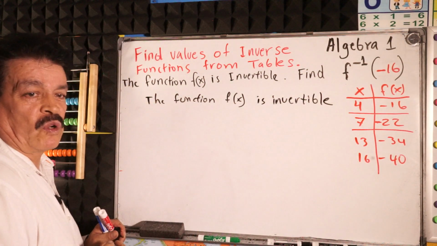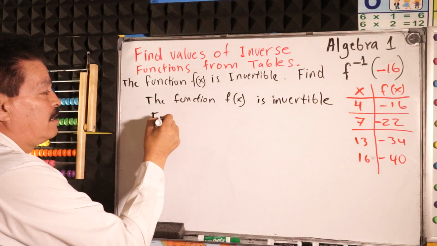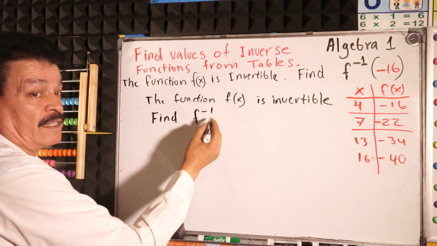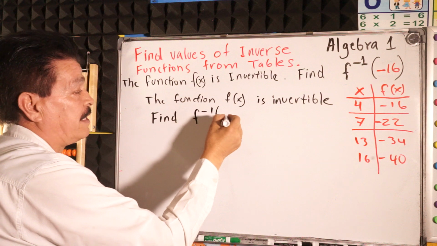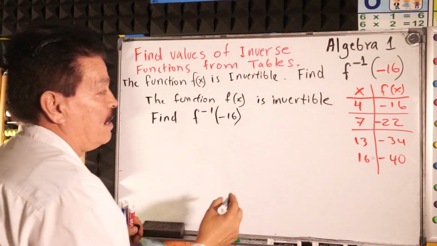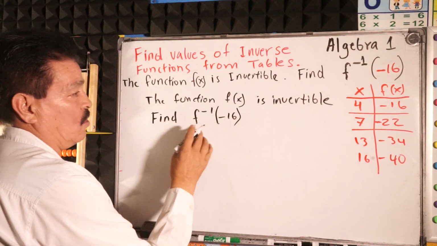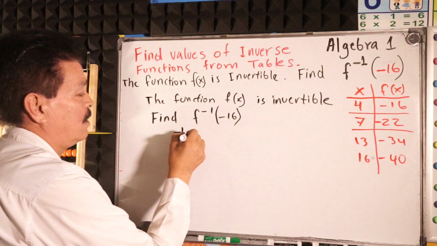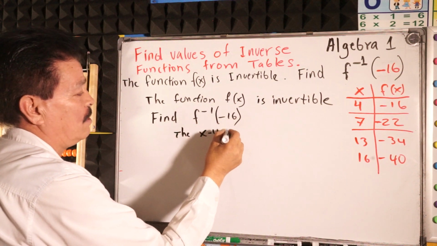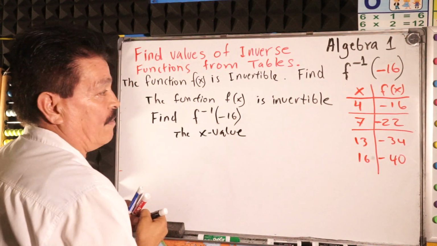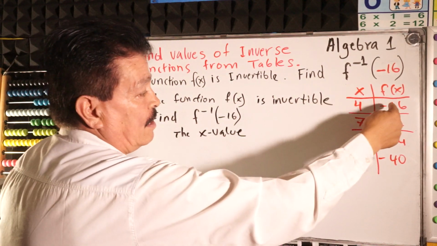So now find the inverse of negative 16. You see, it's very simple. The x value 4 we have right here.